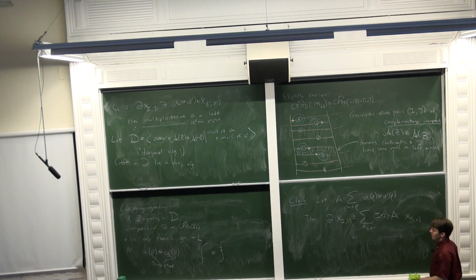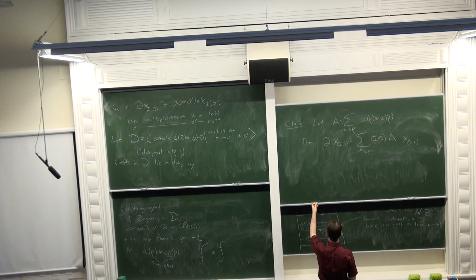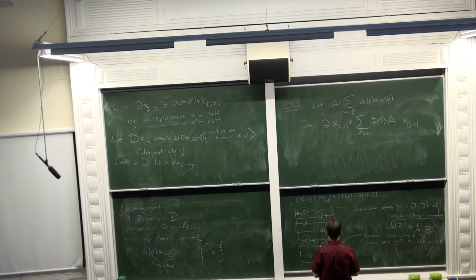What am I saying? I said here that the only terms that can show up in the differential are these chords of this form. And here I'm saying that every chord shows up. Let's see if we can find an example in that diagram. So, we erase this little domain, but come back to it.